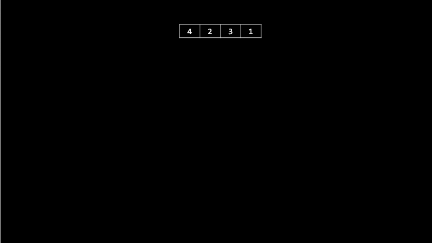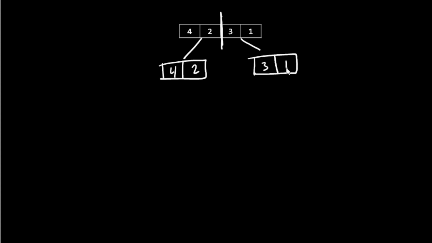Okay, so whenever someone explains merge sort, there's this very classic diagram that they draw. And it looks kind of like this. So you will always split in half, and you'll split this input in half like so. 4, 2, 3, 1, and then you'll split in half again. 4, 2, 3, 1.